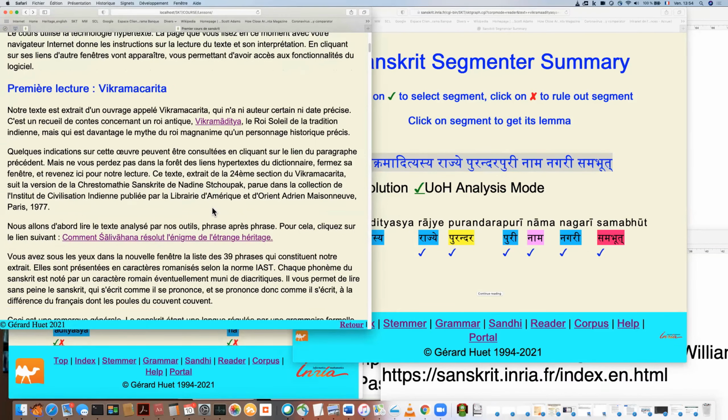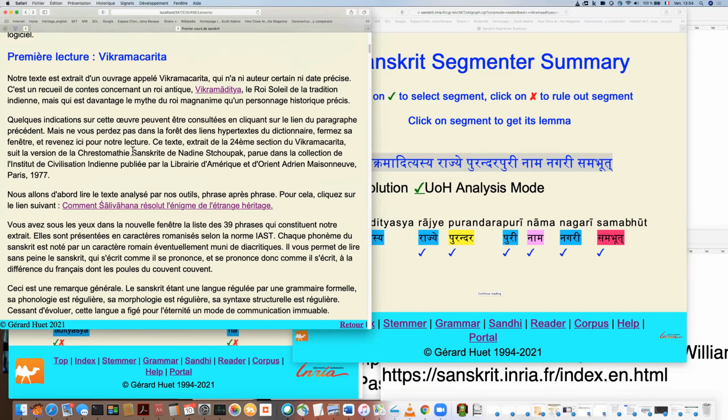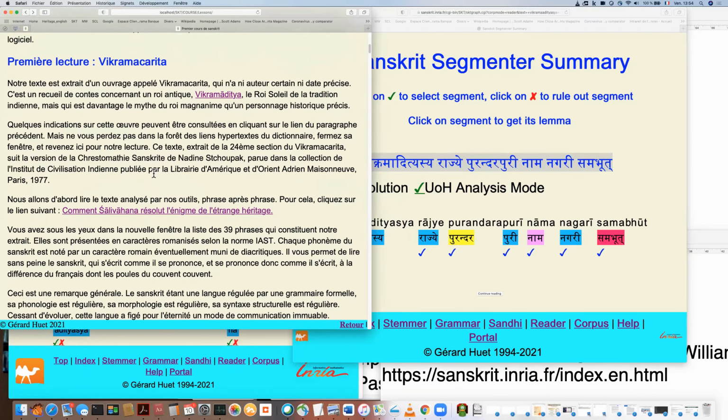This text is taken from the Vikramacharita, which is a prose work for which we don't know the author actually, and it's some kind of fairy tale story that concerns a very old king, Vikramaditya, who is the Sun King in the Indian tradition.